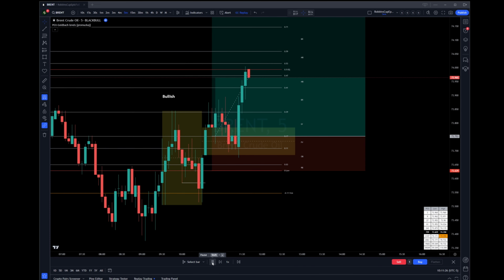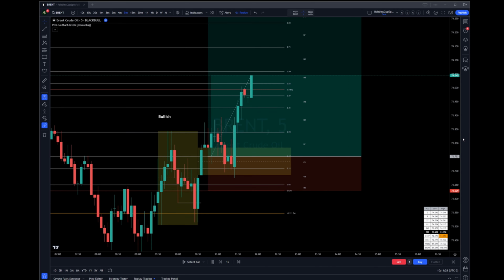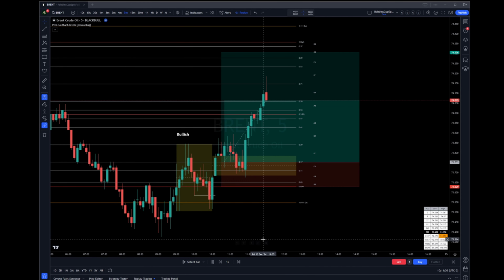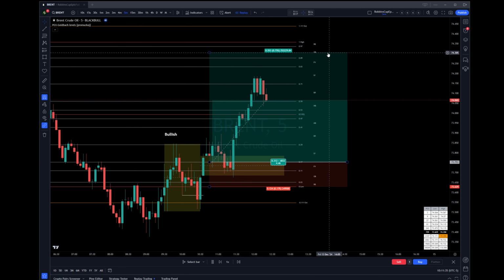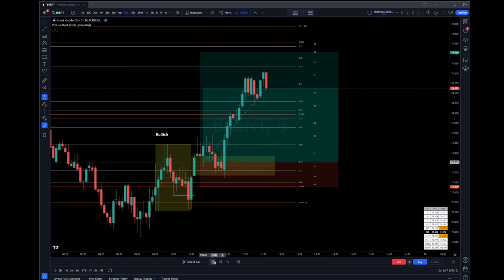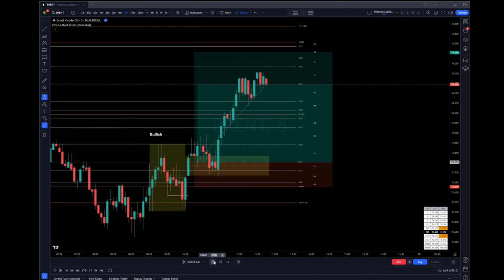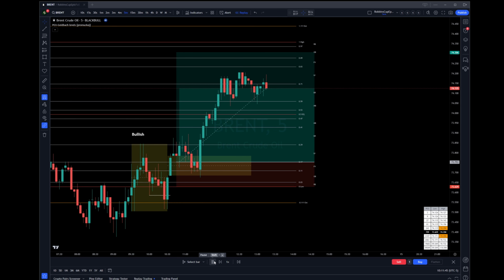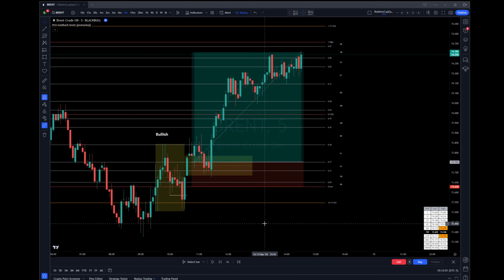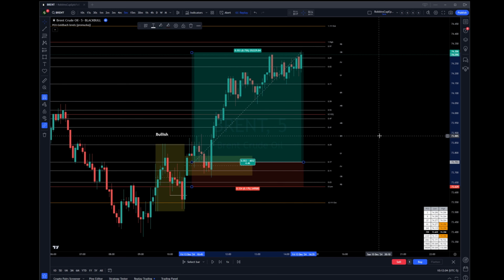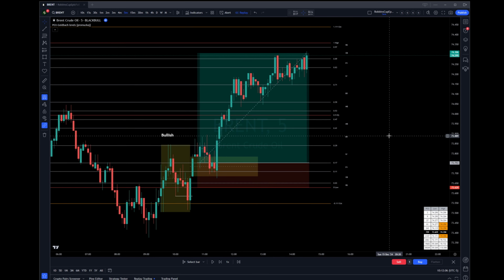We now take off. And we want to TP at the opposing order block because that's where algorithm 2 theoretically should end. There we go. TP hit, a 4.46R trade.